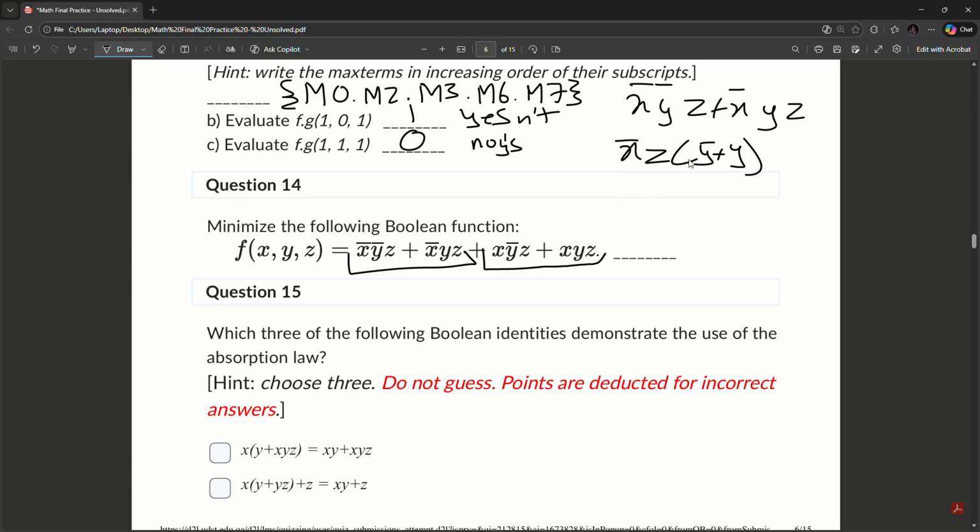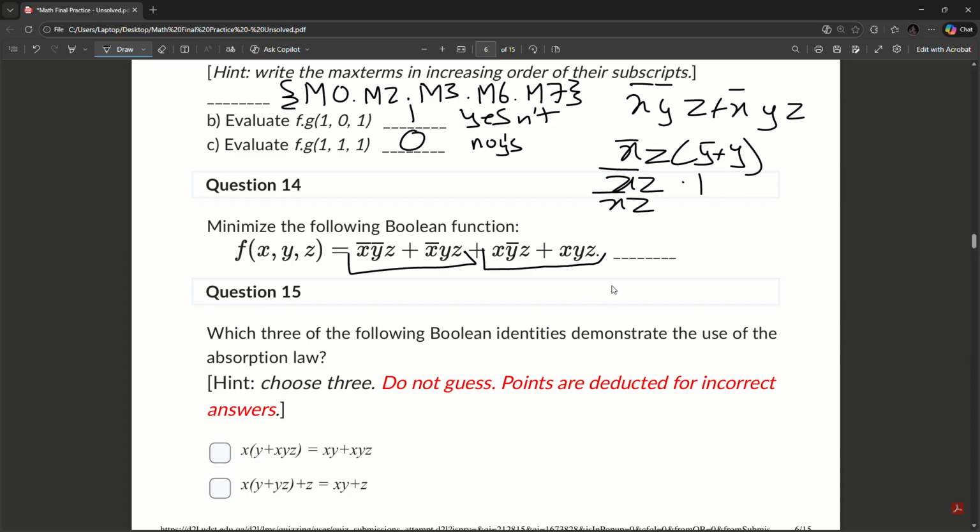The normal rule is that a complement plus the normal variable equals 1. So it's x complement z multiplied by 1, and multiplying anything by 1 does not change anything, so it's just x complement z.